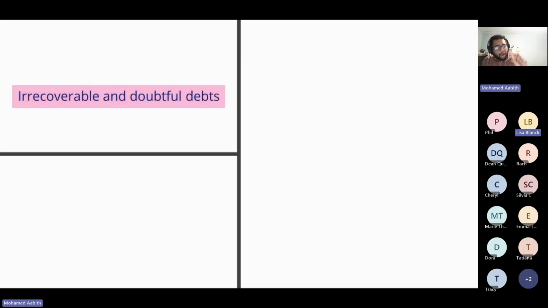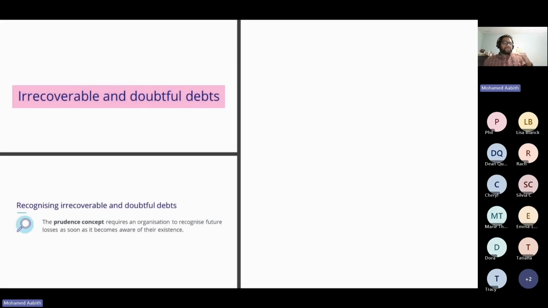But doubtful debt, on the other hand, is to do with something we call the prudence concept. Recognizing those doubtful debts means that if I have any customers who might not pay in future, I have to recognize those early enough.